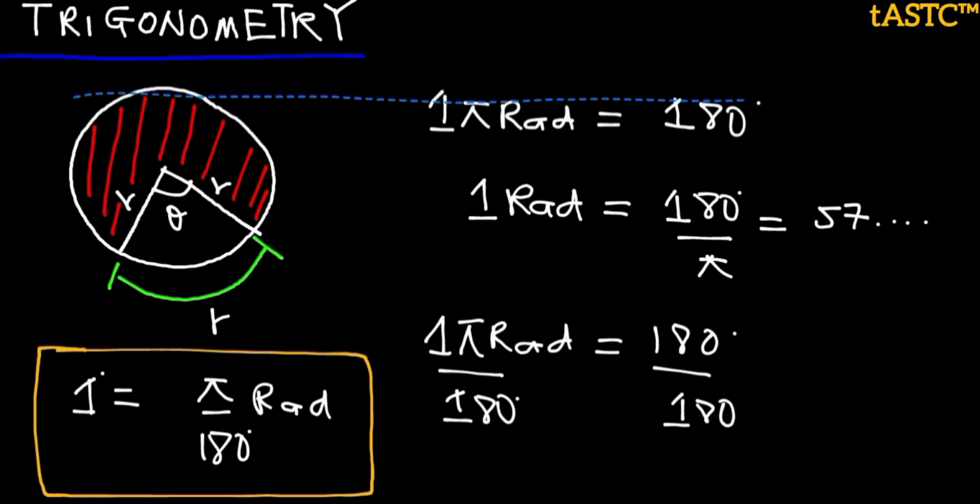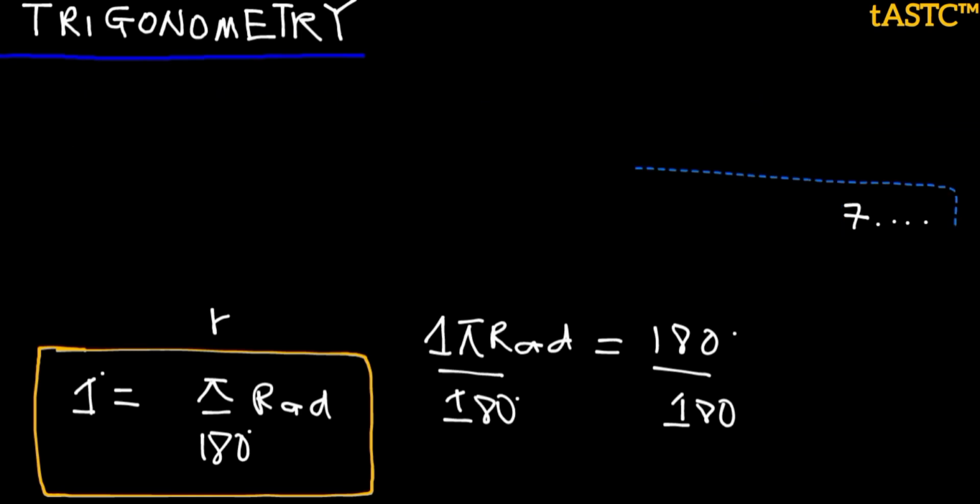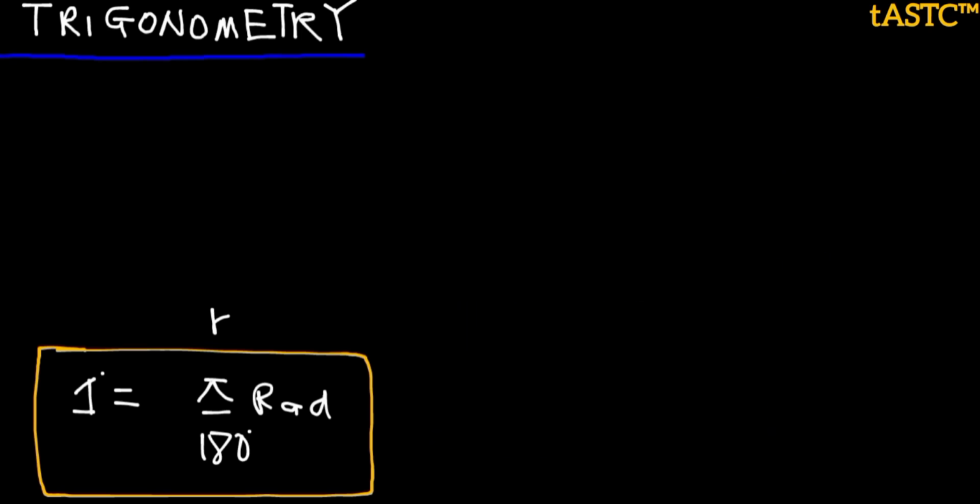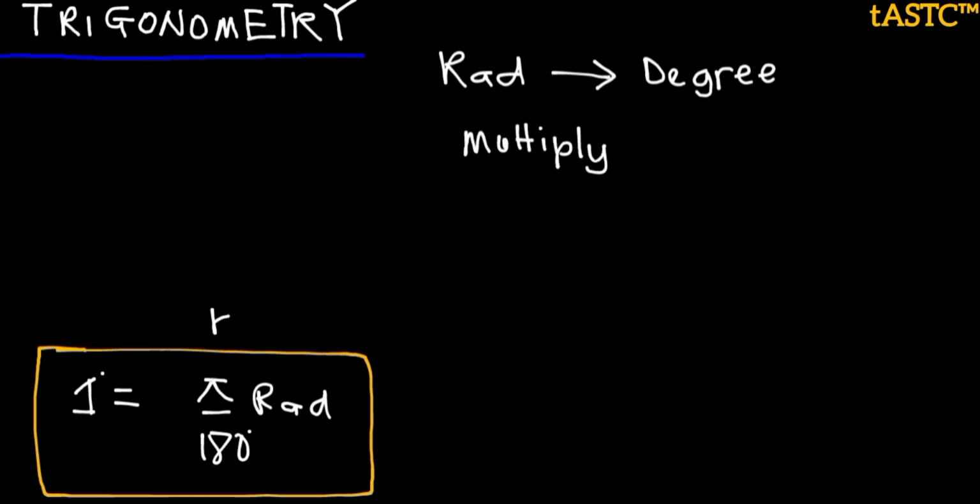So let us take some questions under it. First off, we need to establish that to change from radian angle to degree, you need to multiply by 180 degrees divided by pi.